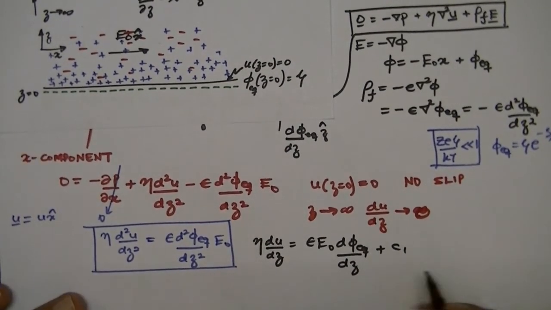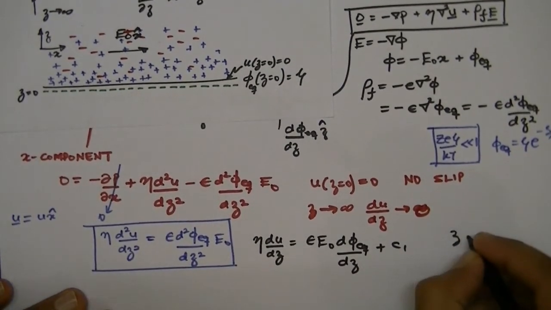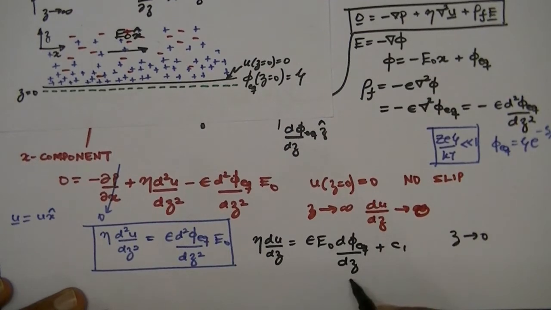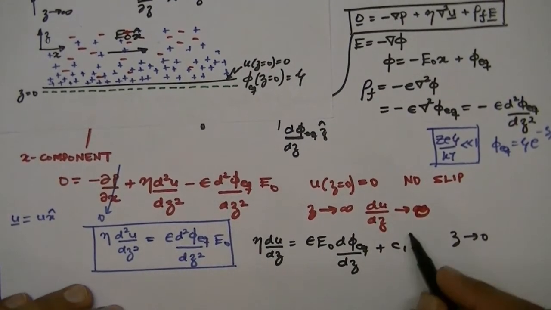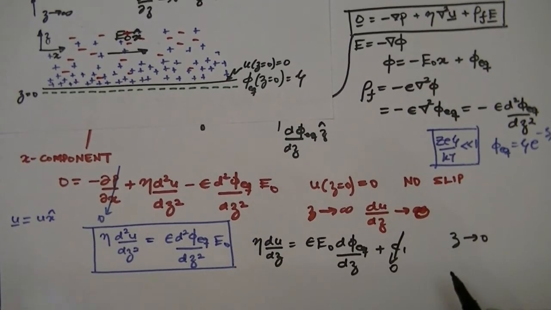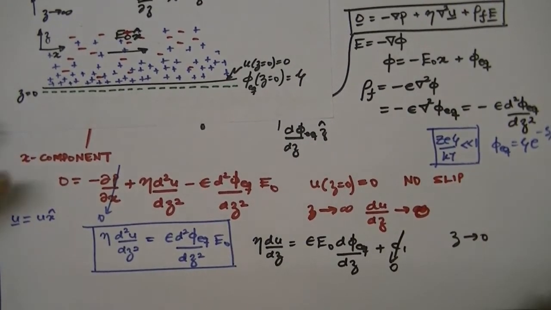But we note that as z tends to infinity, du by dz tends to 0, and d phi by dz also is 0. Therefore the integration constant must be 0.